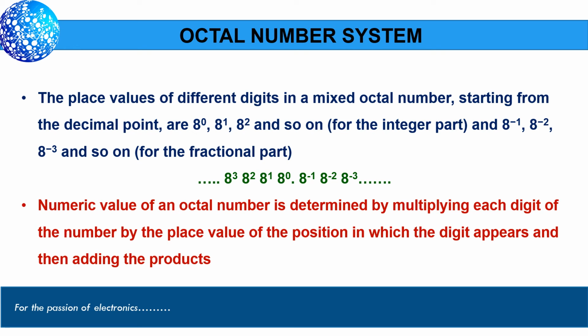The place values are calculated in the manner explained earlier, and the numeric value is also calculated in exactly the same manner, except for the fact that we multiply with 8 raised to the power 0 or 1 depending upon the position of the digit.